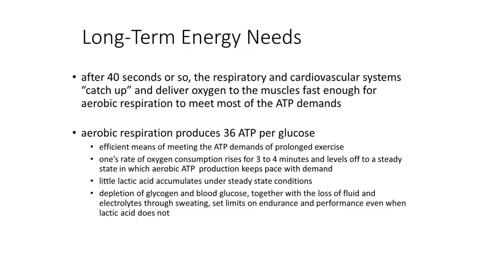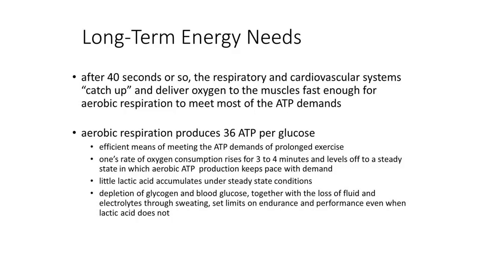So for long-term energy needs, after 40 seconds or so, our respiratory and our cardiovascular systems catch up, meaning they are now delivering the oxygen to the muscles fast enough for aerobic respiration to meet our ATP demands. Aerobic respiration can produce 36 ATP per glucose.